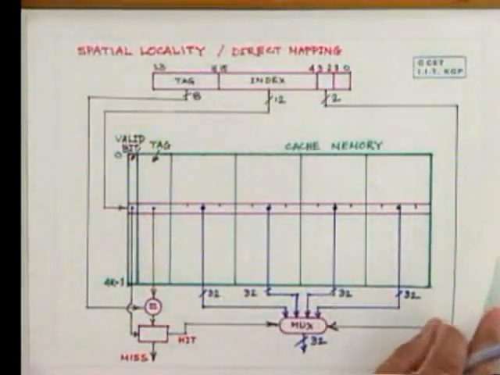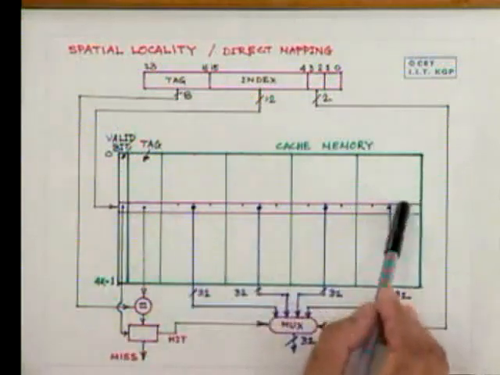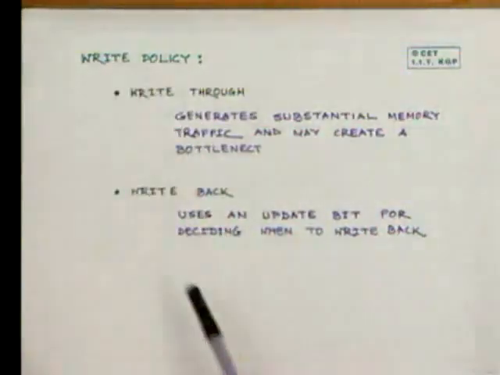Before we come to what the size of a block should be, let us discuss another point: what should be the write policy. This arises because, if you have written something into the cache, a line in the cache has been altered, and therefore it should be altered in the main memory also.